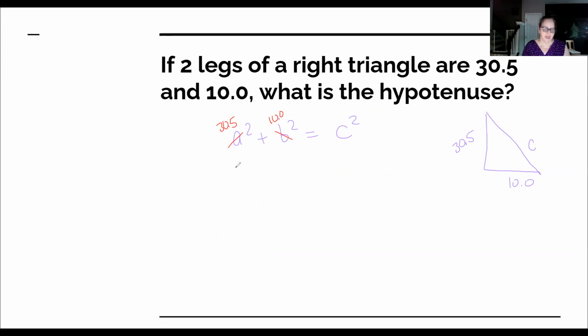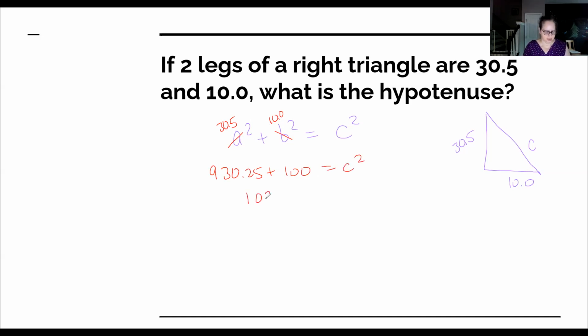So parentheses, exponents, multiplication, division, addition, subtraction. So I got to get rid of my exponents first. 30.5 times 30.5 or 30.5 squared, either way you want to write it, is 930.25 plus 10.0 squared is 100 equals c squared.